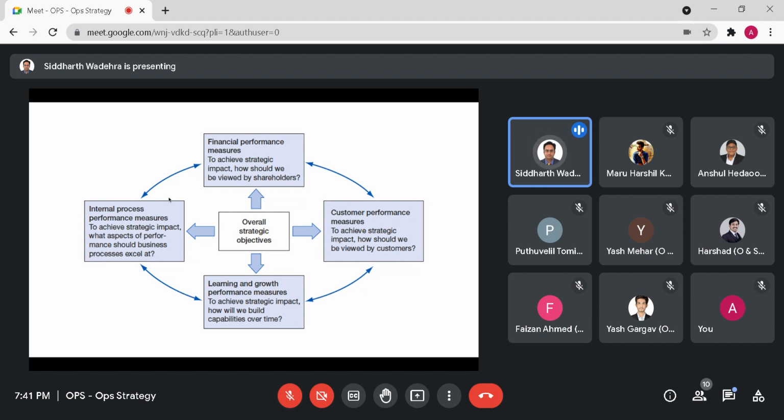So you typically have four things: financial, customer, learning and growth, and internal performance measures. This is when we are talking about monitoring and control, specifically in this class. This is a great way to look at monitoring and control, and you can have metrics for each of those four aspects.